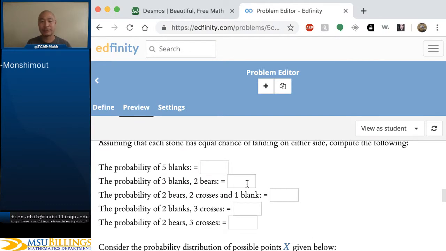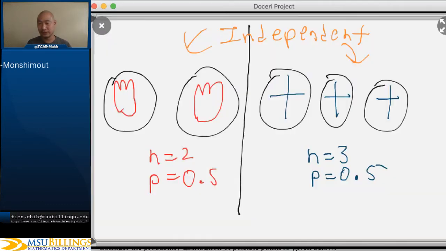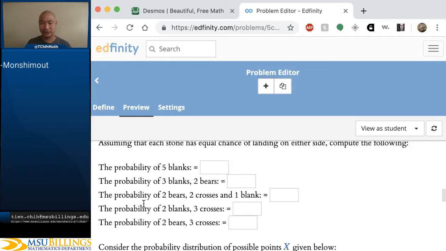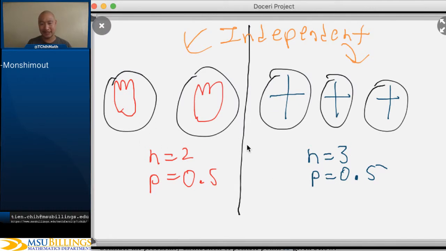Then 3 blanks, 2 bears: if you want 3 blanks, 2 bears, then something has to happen here, and that means something happens here, right? And so on. 2 bears, 2 crosses, 1 blank: something has to happen here, and something has to happen here, and so on.